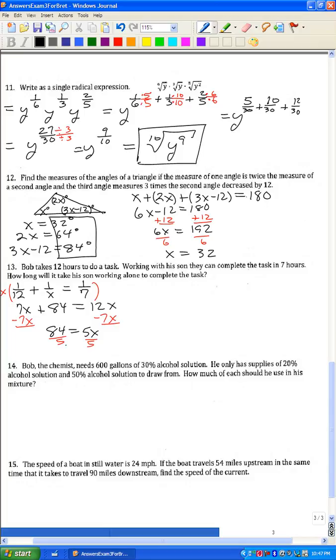So x is equal to 84 divided by 5, 16.8 hours. And so this is 16 hours and 8/10 of an hour. Recall that there are 60 minutes per hour.